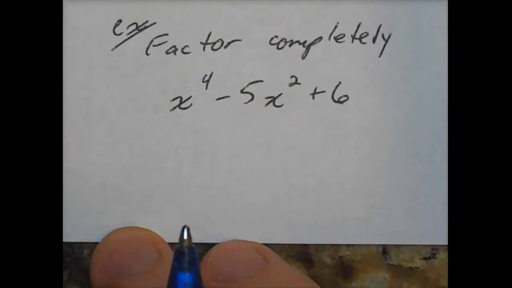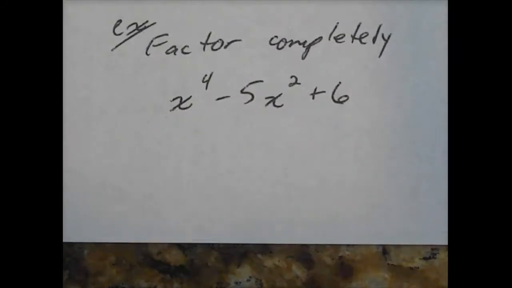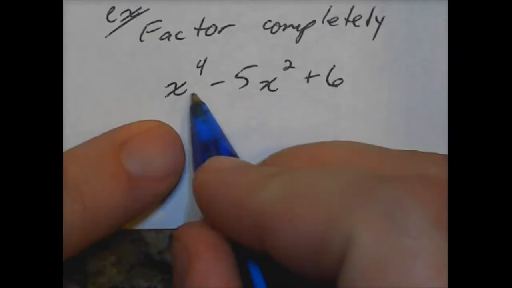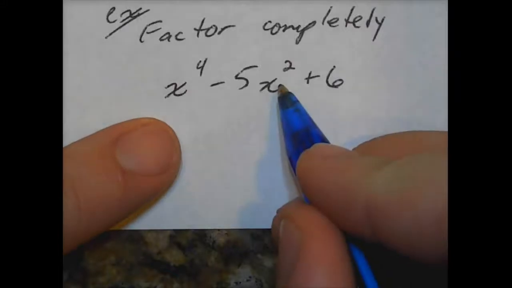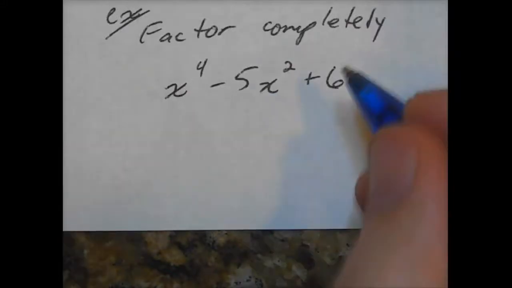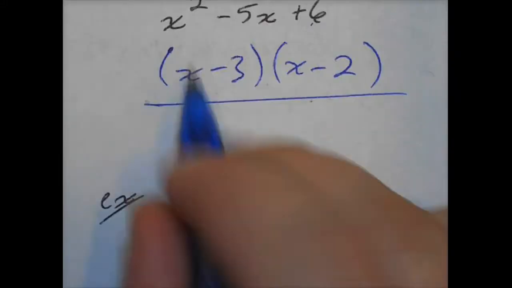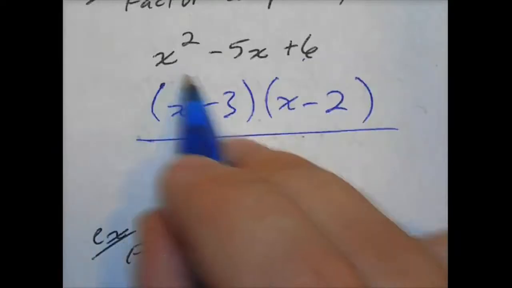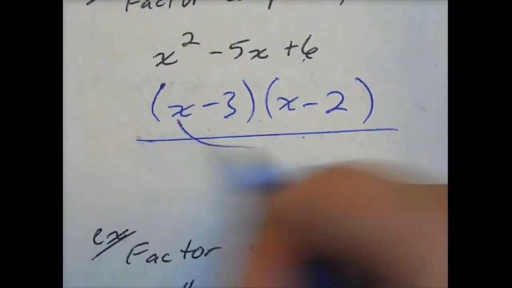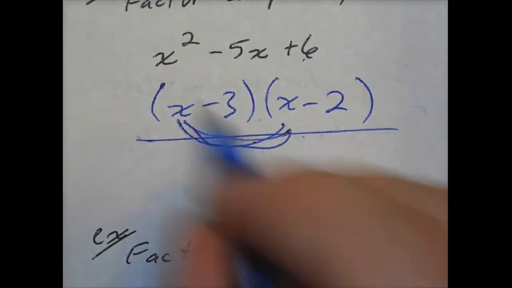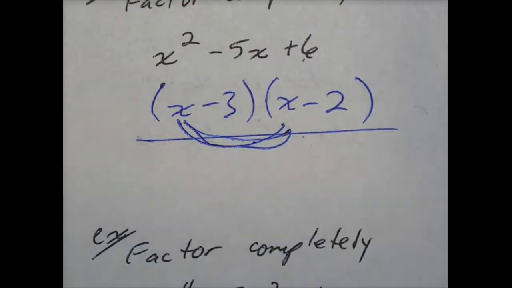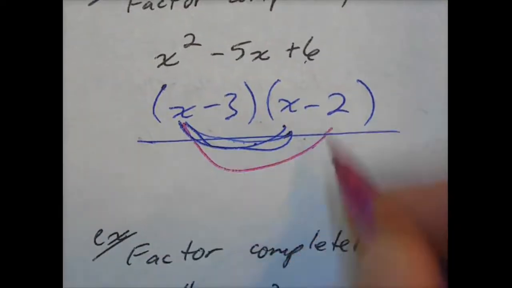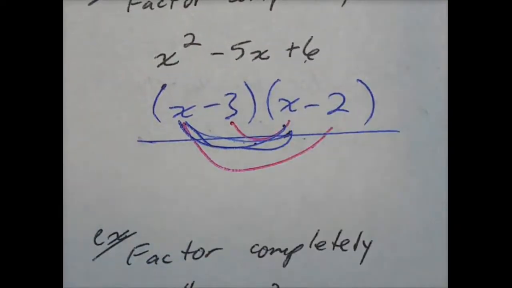All right, moving on. This one's a little bit funky. It kind of smells weird. Because we have x to the fourth minus 5x squared. Don't freak out, because just like the last ones, we had x squared and minus 5x. When I multiplied those two terms together, they would make the x squared. The outside and inside terms together would add together to make an x to the first power.